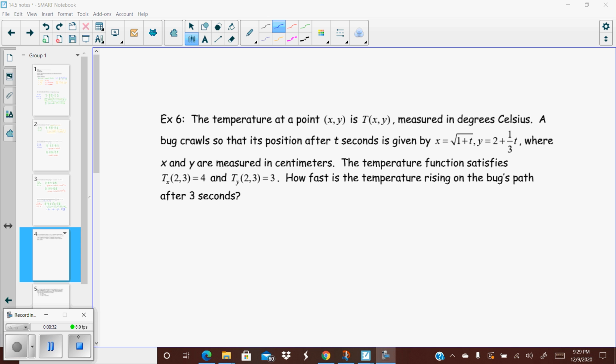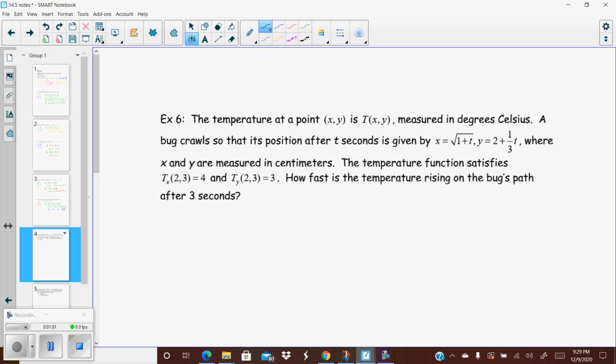A bug crawls so that its position after t seconds is given by the parametric functions that you see there, where x and y are measured in centimeters. The temperature function satisfies T sub x, or the partial of T with respect to x, at 2,3 equals 4, and T sub y, or partial of temperature with respect to y, at 2,3 equals 3. How fast is the temperature rising on the bug's path after 3 seconds?